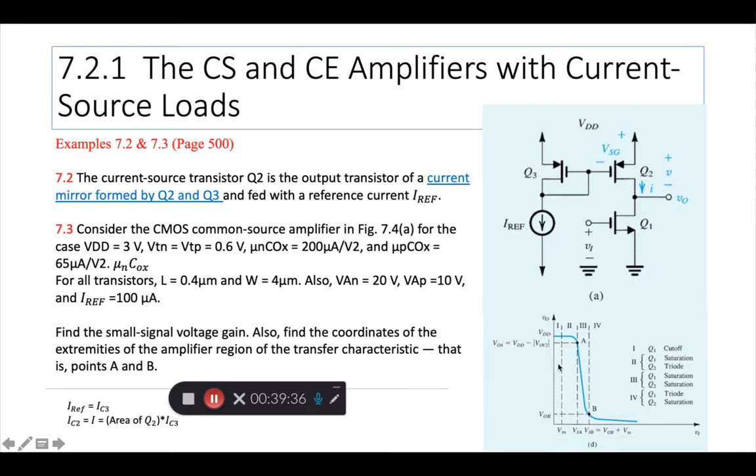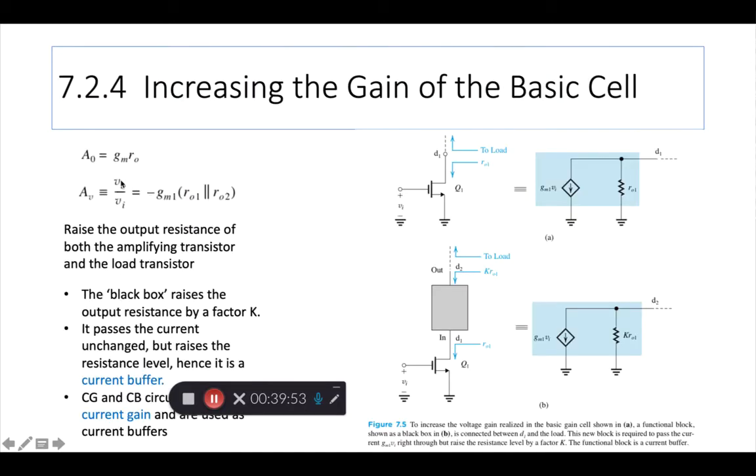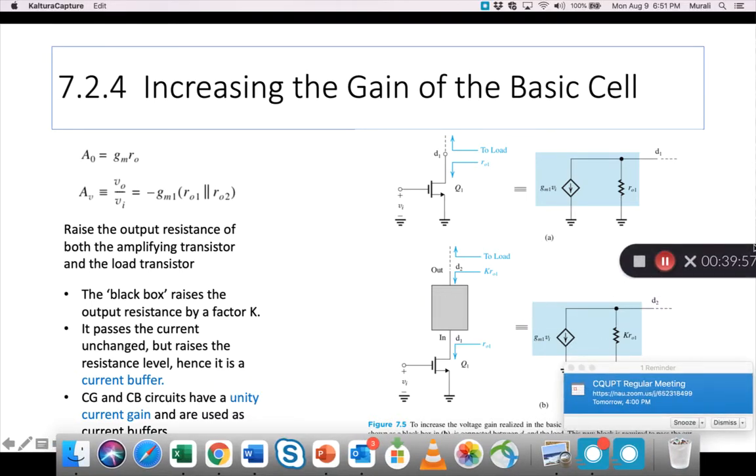So we are introduced to that in 7.2 and 7.3, but we'll look at it later, and then also next week when I do the 7.4 section. By the way, 7.2 and 7.3 are our examples. All right, so a couple more topics and then we have to close this.